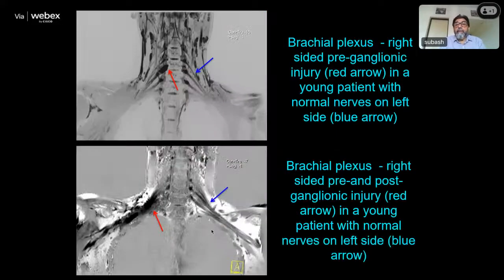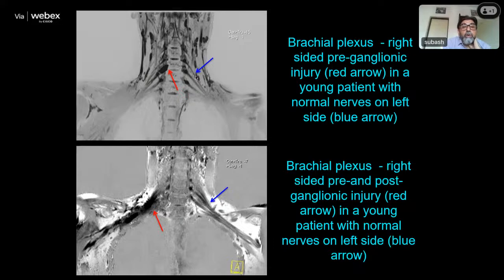This is a brachial plexus on the shoulder joint. You can see these are preganglionic injuries. The red arrows show the injury of the plexus and nerves, and the blue arrows are the healthy nerves. You can see the difference in the two sides.